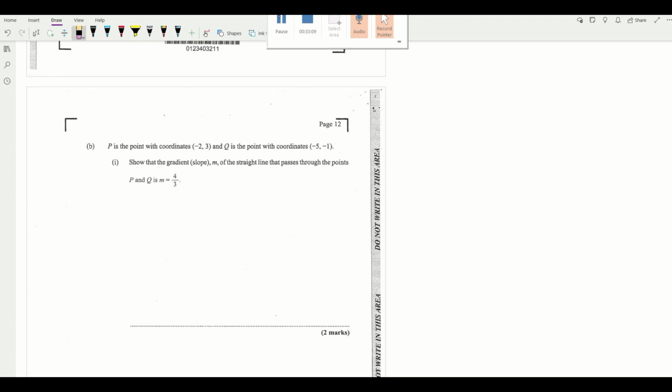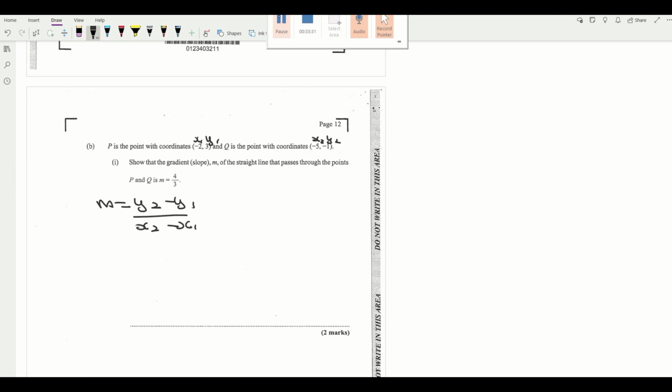Alright, so we know my gradient is equal to y2 minus y1 over x2 minus x1. So you choose one to be point 1 and one to be point 2. This is x1, y1, this is x2, y2.